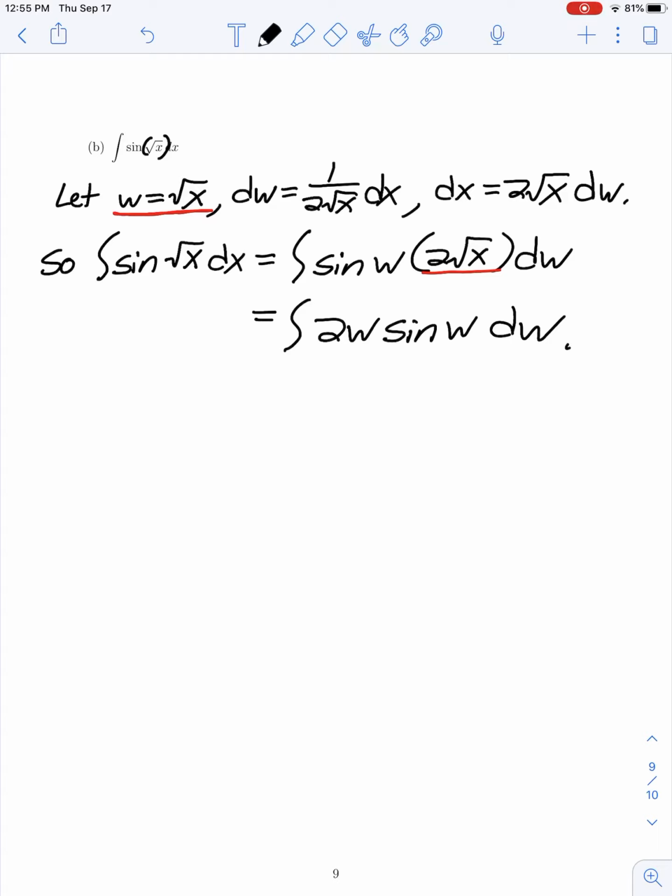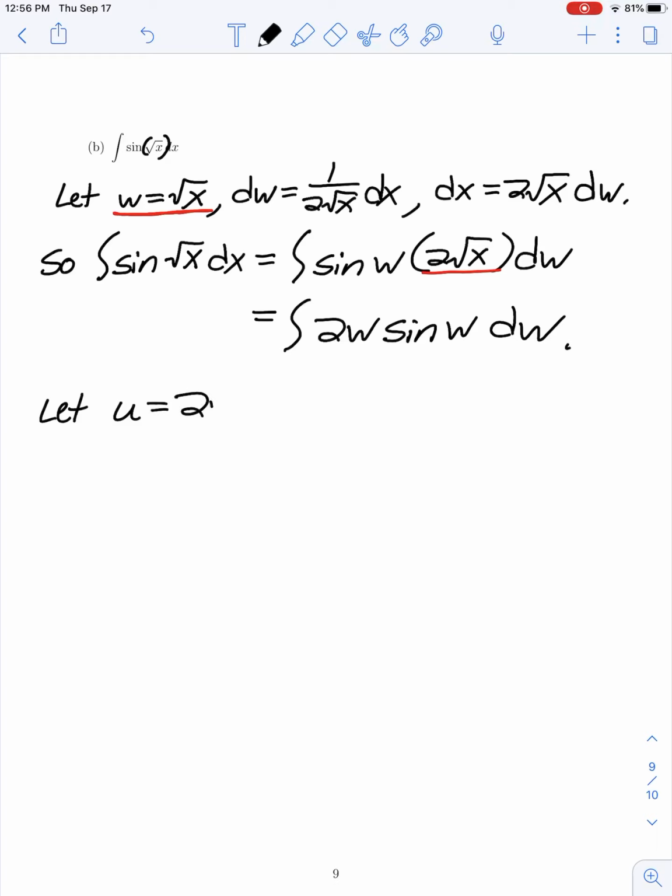So after I make my substitution, I have the following integral, and I see that it is the integral of a product of two functions, 2w and sine w, and I can't simplify this any further. It also no longer involves a composite function, so the only method I have to proceed is integration by parts. So we're going to choose part of this integrand as u.